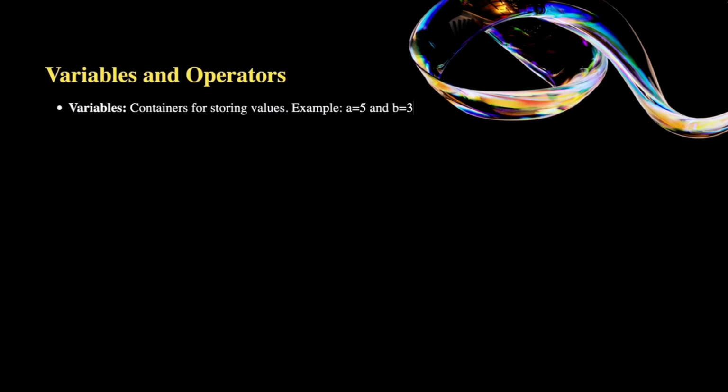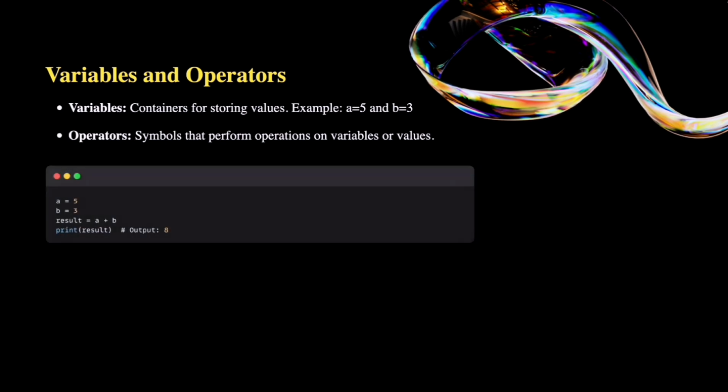Let's talk about the combo of variables and operators now. When we combine variables with numbers or values, we can perform operations on them. On the screen, you might be seeing a simple example showing addition. We have declared two variables, a and b. We have assigned numbers to both, the value of a is 5, and the value of b is 3.